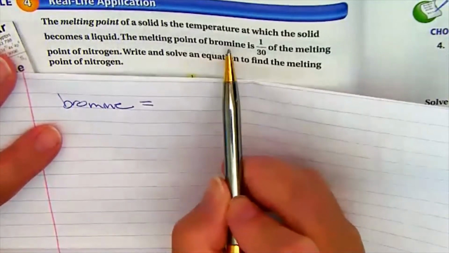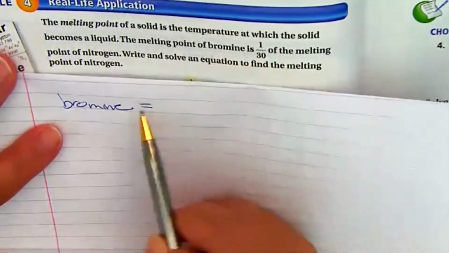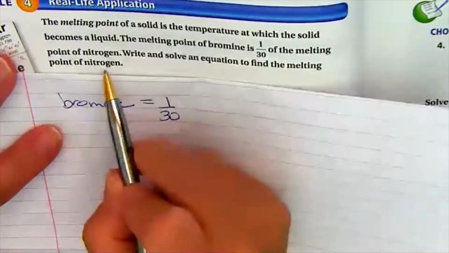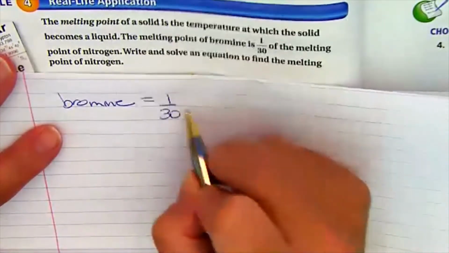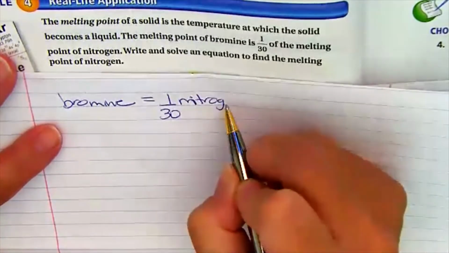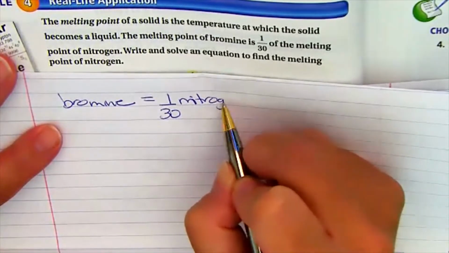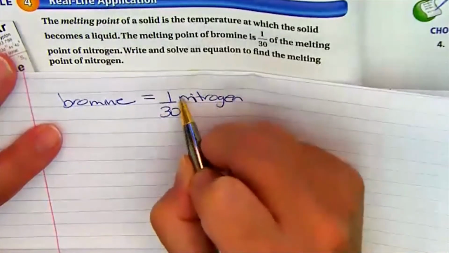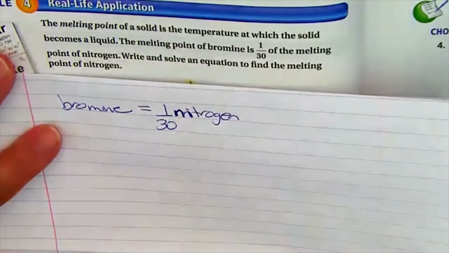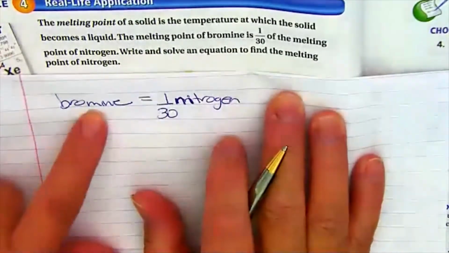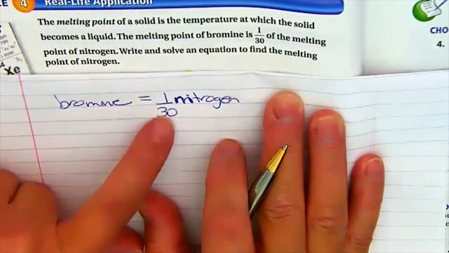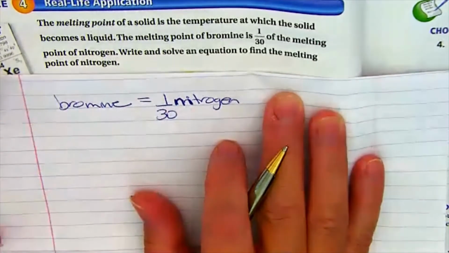So the melting point of bromine equals 1/30th of the melting point of nitrogen. So 1/30th of nitrogen. So of typically means multiplication. So the melting point of bromine is 1/30th of nitrogen.